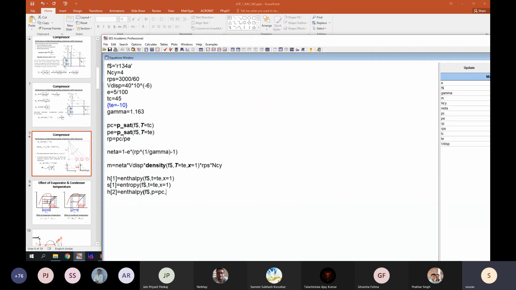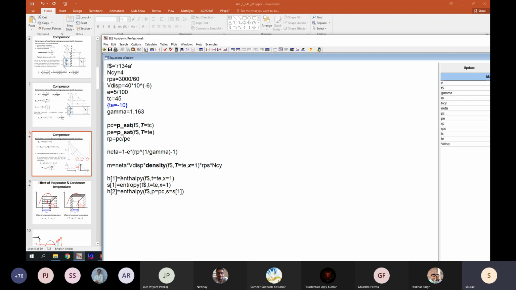So I will make use of the condensing pressure and entropy as the two properties to get the enthalpy. S equals S1 ensures that this is an isentropic compressor. P equals PC because we already know what PC is. So based on this, we'll get the enthalpy at the exit of the compressor.